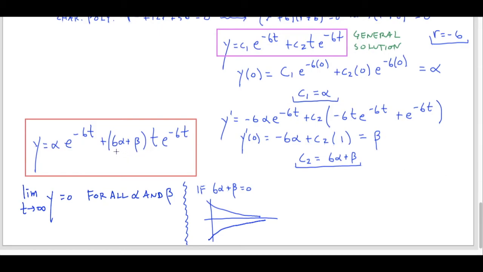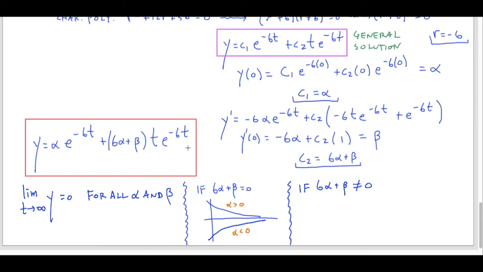So if 6 alpha plus beta equals 0, this second term of the solution is eliminated. So we simply have alpha e to the -6t. That yields two different types of solutions, one where my alphas are positive and the other where my alphas are negative. If this coefficient 6 alpha plus beta is not 0, then my functions are a little bit more interesting.